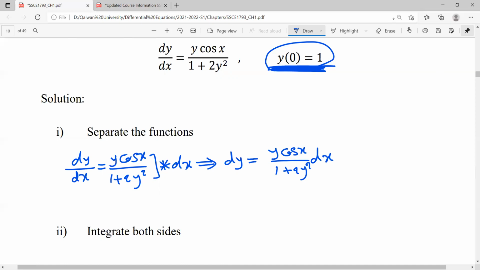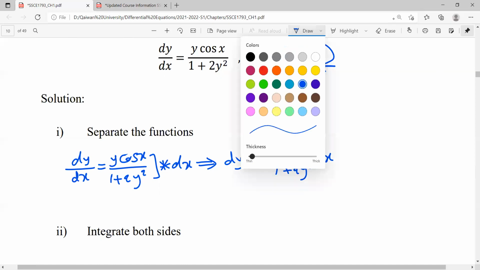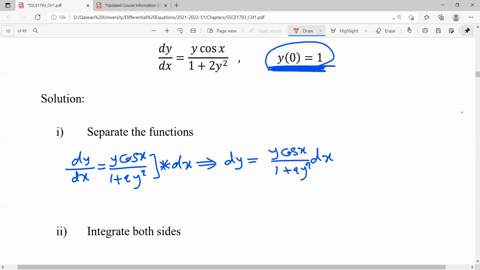And here with dx we have y over 1 plus 2y squared. We must remove this. How? We multiply both sides by 1 plus 2y squared over y.